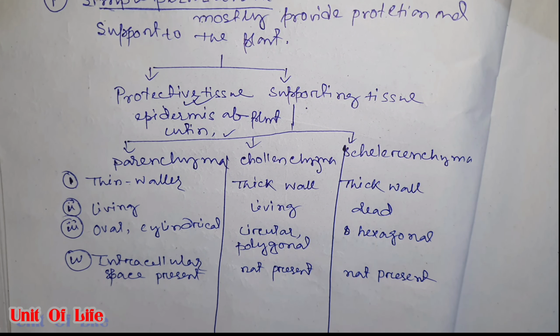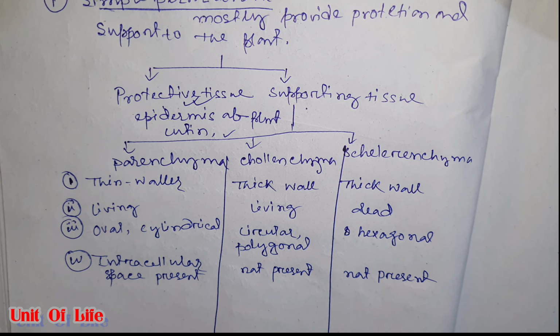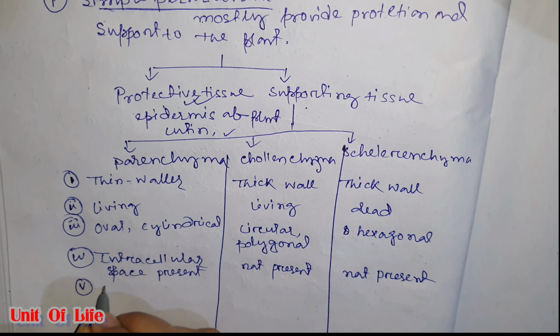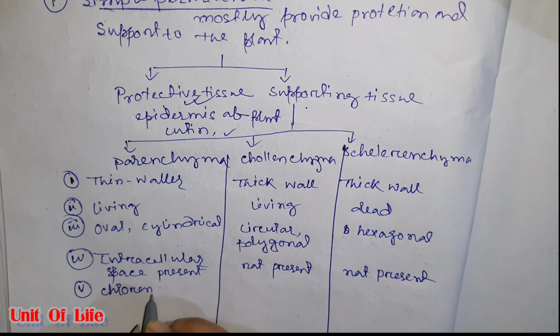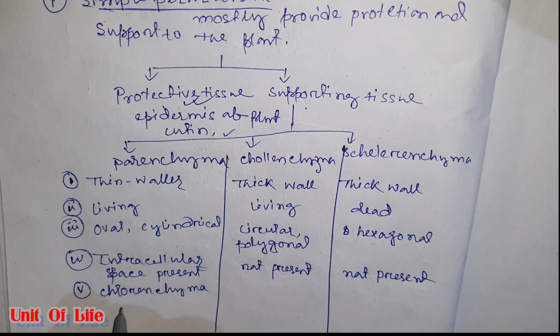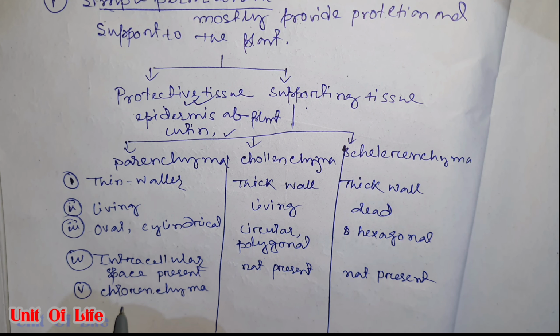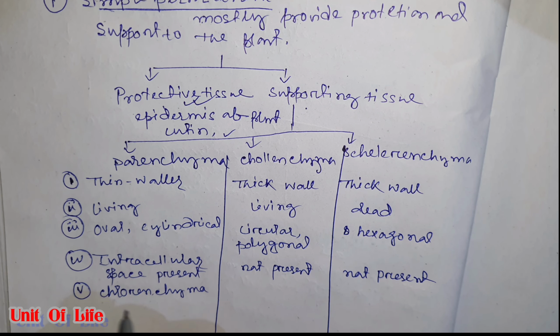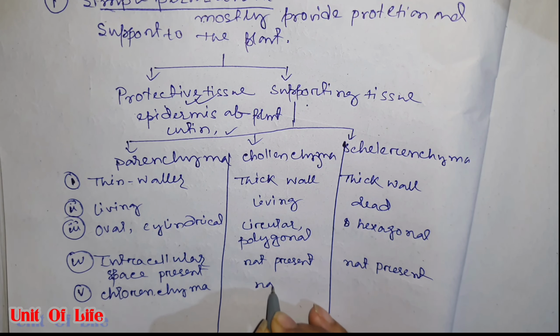This type of parenchyma cell contains chloroplasts and is capable of photosynthesis. Parenchyma tissue is mostly found in the root, stem and leaf. Collenchyma is found in the epidermis of the young stem and petioles of the leaves, and sclerenchyma is found in the stem and veins of the leaves.